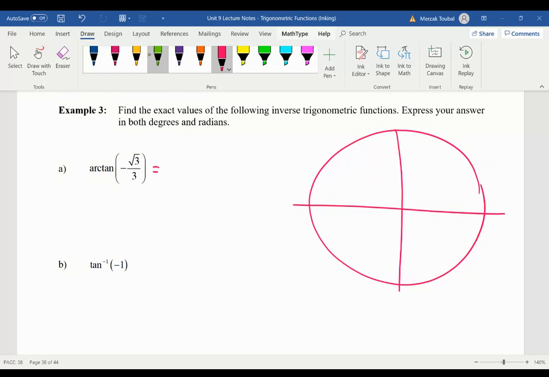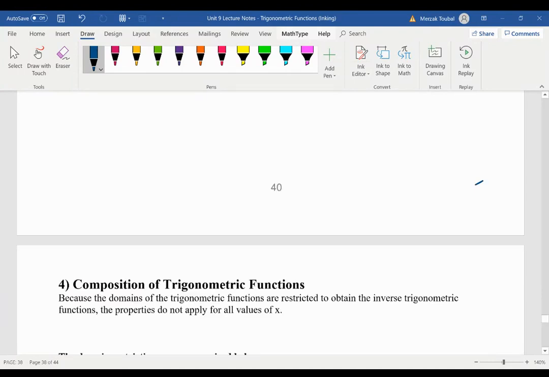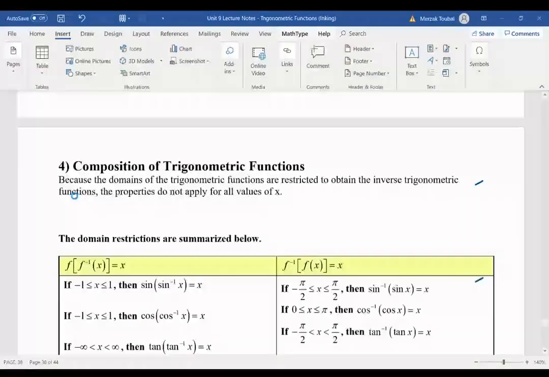Here's the unit circle. We're going to focus only on quadrant 1 and quadrant 4. We said we take into consideration the zero angle.